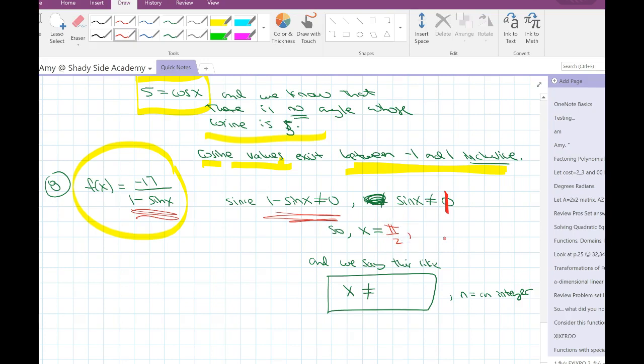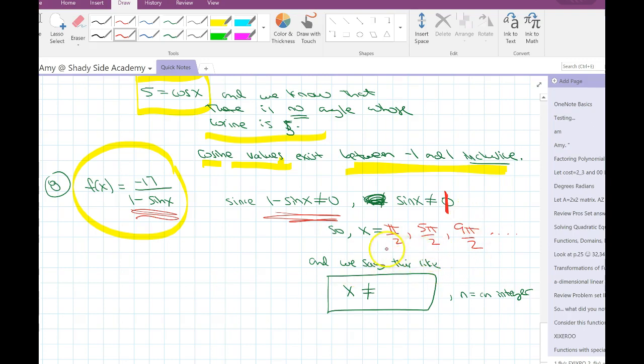When else is sine of x equal to 1? Not at 3 pi over 2, because that is when sine x equals -1. Very good. 5 pi over 2, right? Or what's the next one? 9 pi over 2. And you'll notice that if I try to list all of the angles over which sine x would equal 1, these angles differ by a multiple of 2 pi.